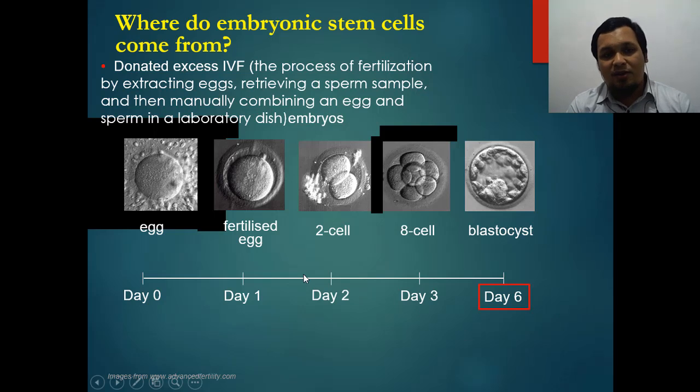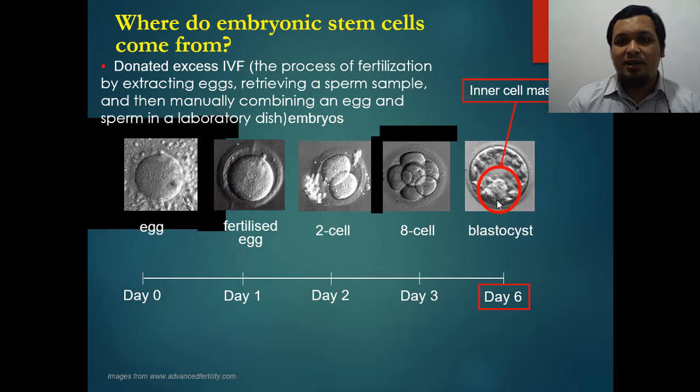And from the picture, we can see that when we have in vitro fertilization, the fertilized egg will divide, and when it becomes a blastocyst around day 6, this is what we're going to use for embryonic stem cell. The part that we use, we call the inner cell mass.